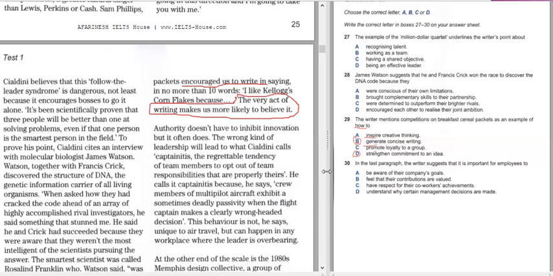So if I go to promote loyalty to a group, that was going nowhere, I feel. The very act of writing makes us more likely to believe it. I like it, because it's saying I like Kellogg's cornflakes. There is a confusion between C and D. Do you see why? It's not an idea.